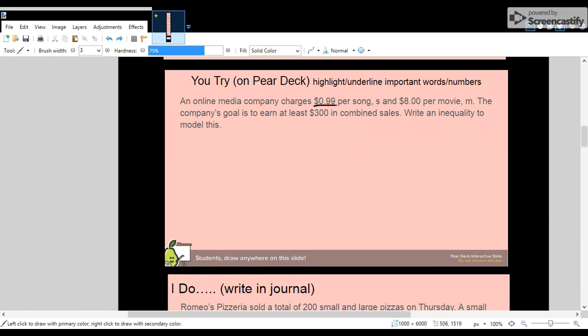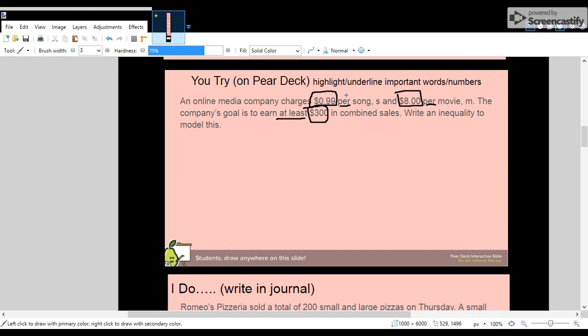Okay, let's box our important numbers. 99 cents and $8 and at least $300. Okay, our keywords: per, and per, and at least.